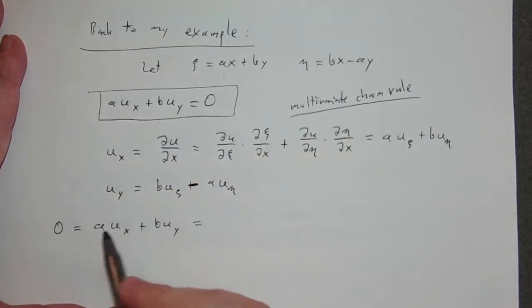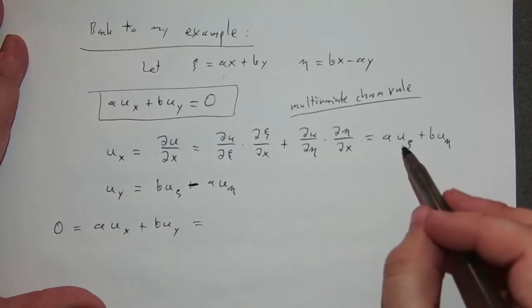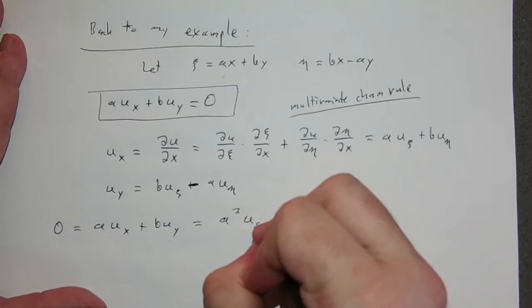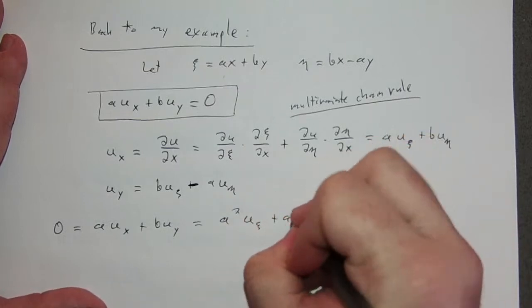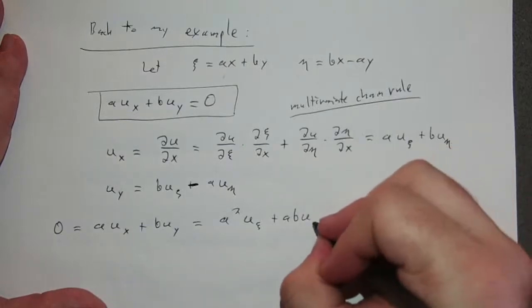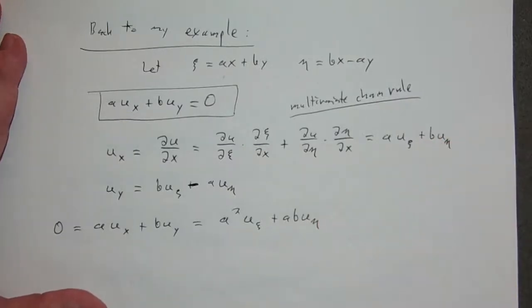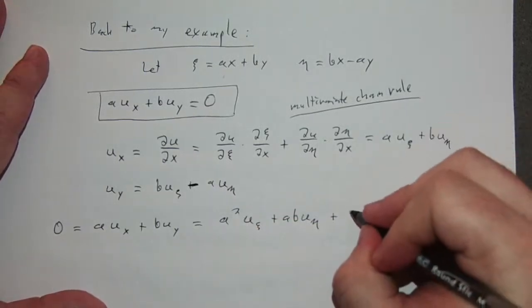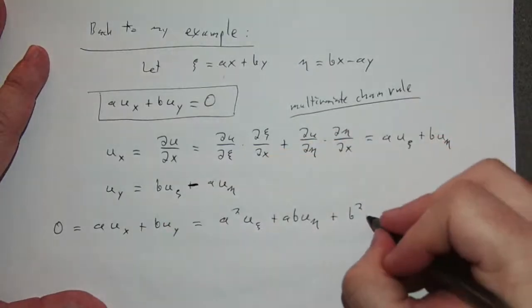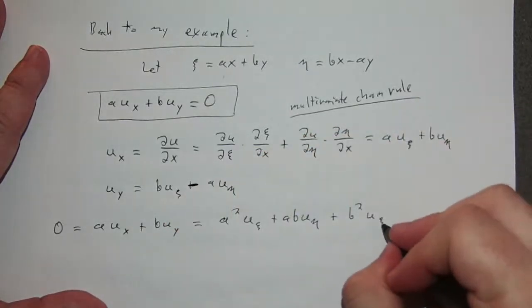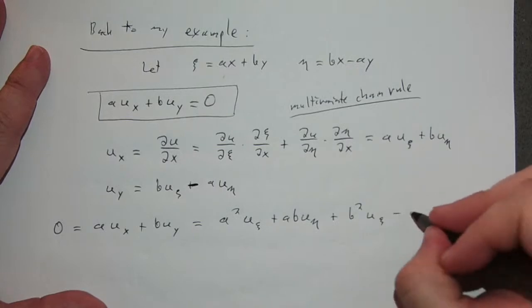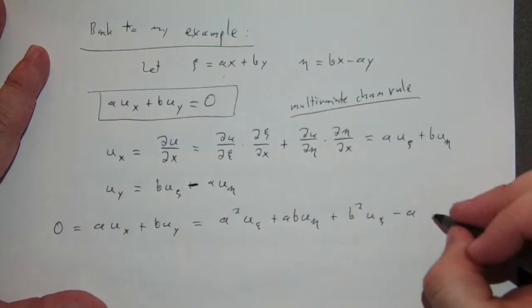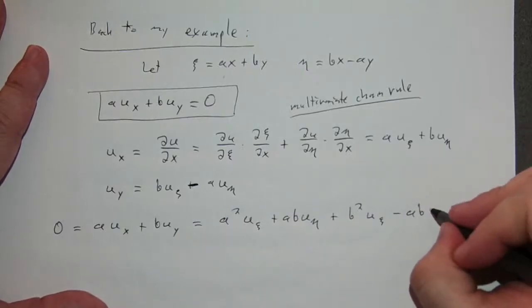But then a u sub x is a squared u sub ξ plus ab u sub η, plus b squared u sub ξ minus ab u sub η.